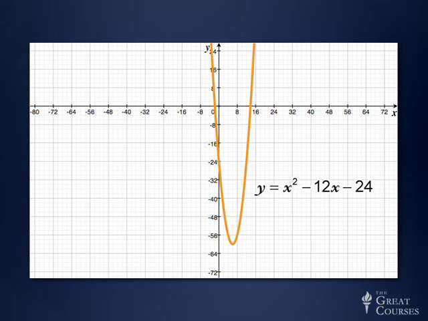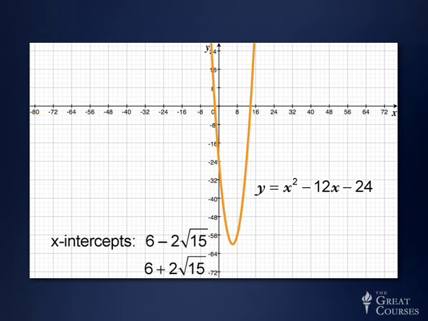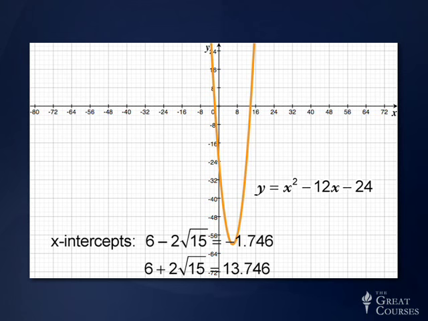We know where those x-intercepts are. They are at 6 minus 2 times the square root of 15 and 6 plus 2 times the square root of 15. If you get a calculator out to estimate those, you'll see that the first is at negative 1.746 or so, and the other is at 13.746 or so. And if you look at the picture, that is pretty much where those two x-intercepts land.